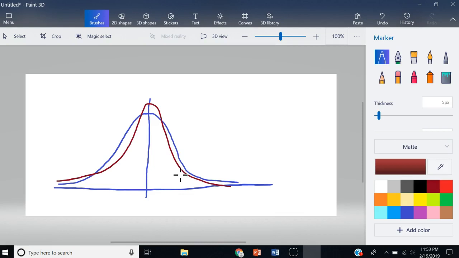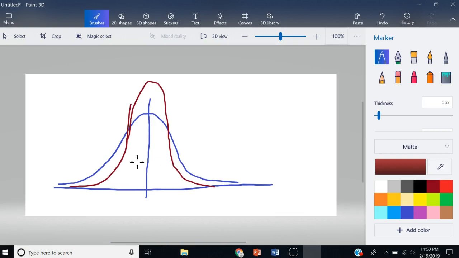So when n gets larger, more stuff is going to be closer to the average, and less stuff's going to be on the end.